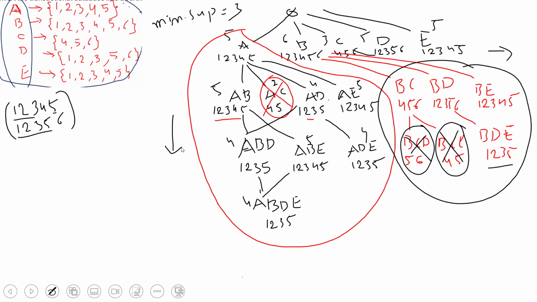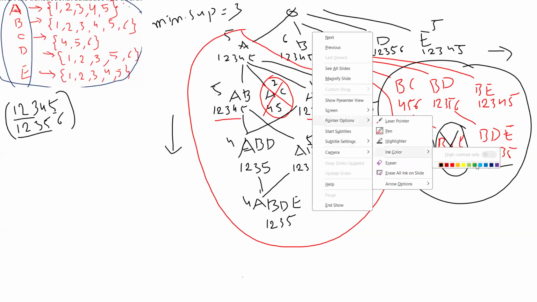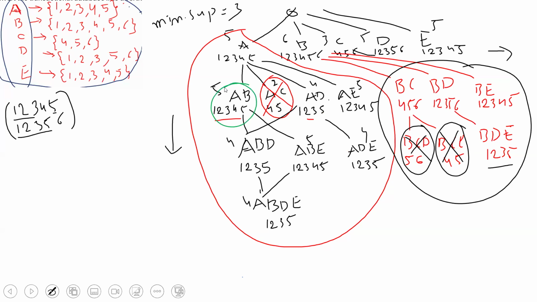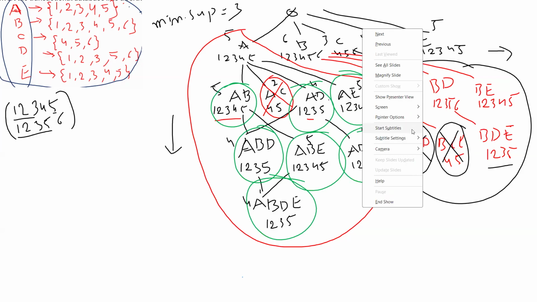Now, when you have got all the frequent item sets, what are the frequent item sets here? Frequent item sets are AB, AD, AE, and ABD. Now, if you want to write the association rules for ABD, how would you write that?